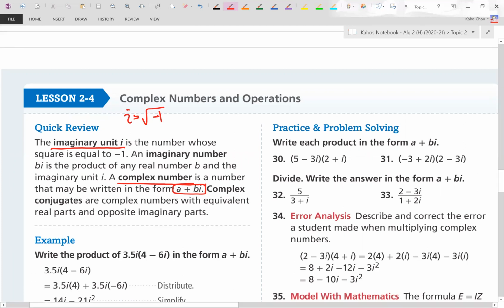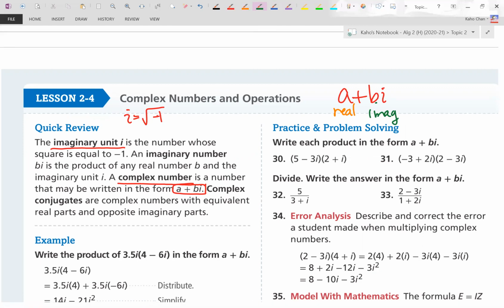So the imaginary part of the complex number is the bi part, yeah? So just throw that in. We have the real part, a, and the imaginary part. Again, this is just a binomial. Just treat it like a variable, i. Now, don't forget the other powers of i, though. If i is the square root of -1, then that means i squared equals -1.